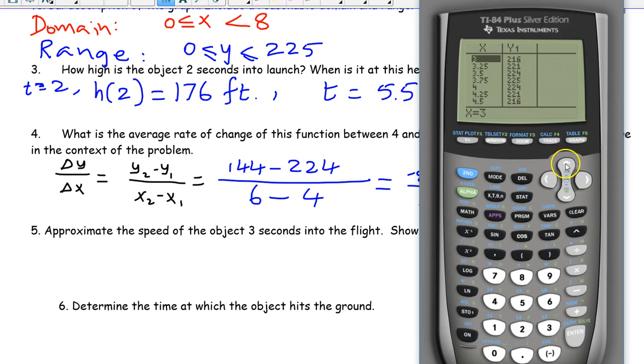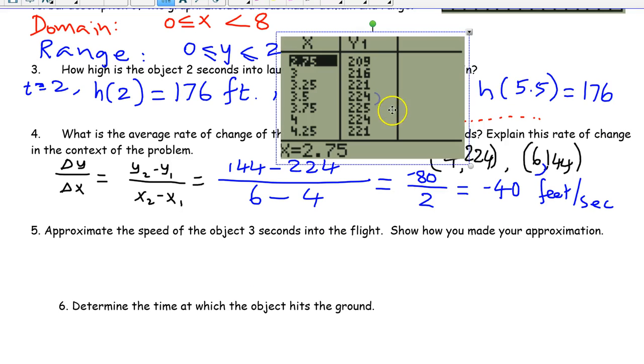Like at 3 it is 216, at 2.75 it is 209. So let us take those values over here.